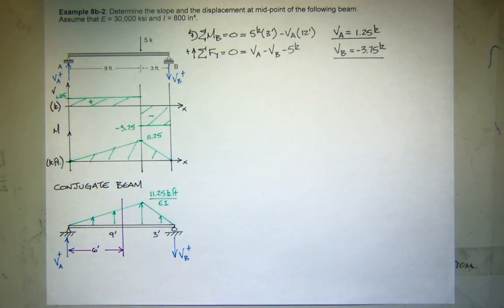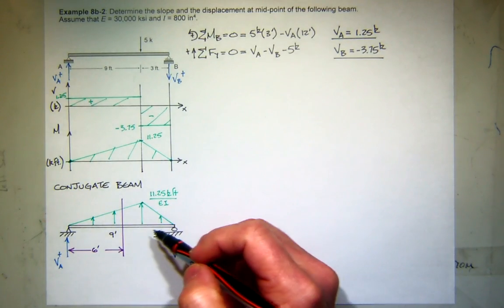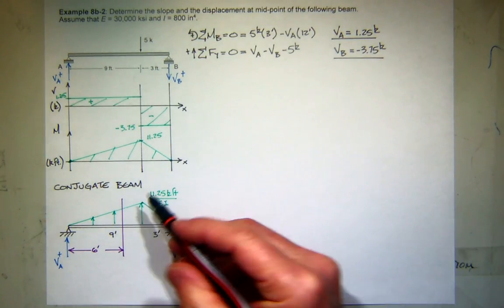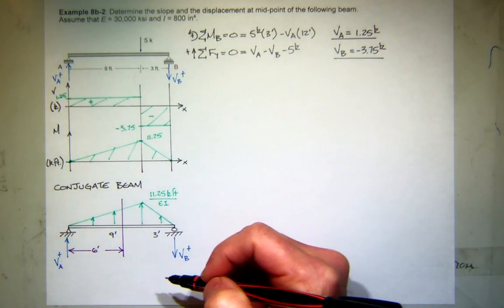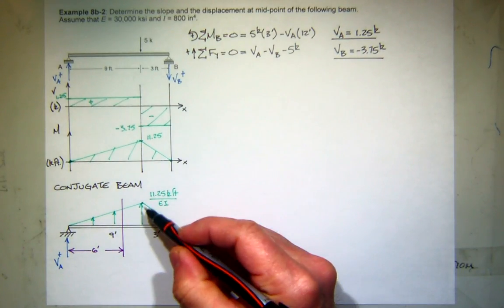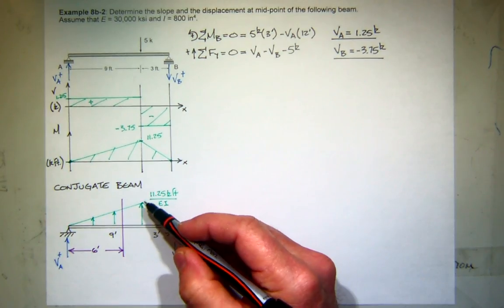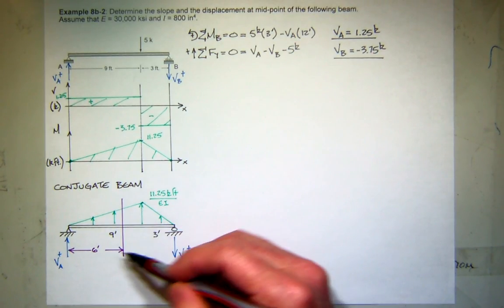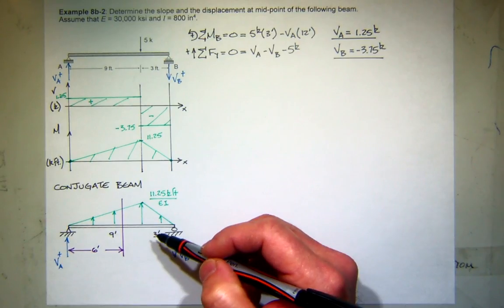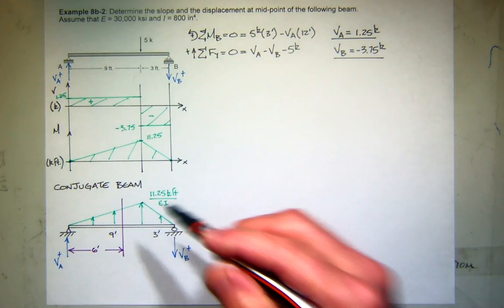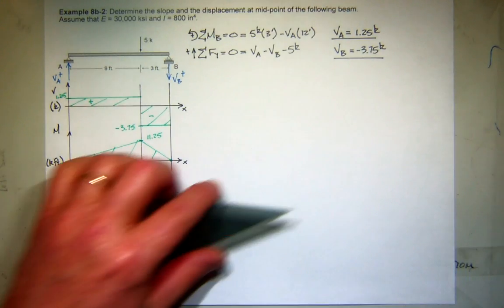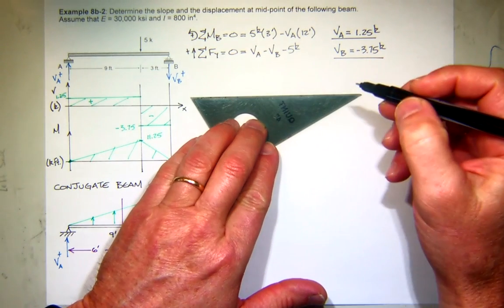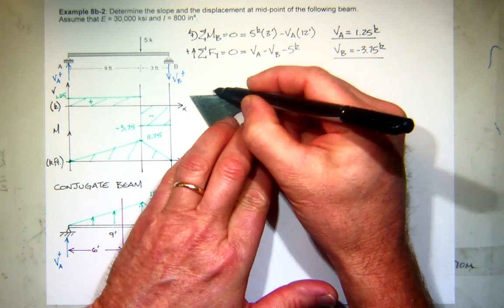And to do that, I'm going to have to do something with this triangular load. The easiest way for me to do that, I think, is to break it up into two equivalent forces. One for this triangle over 9 feet and a second one for the triangle over 3 feet. Since I already have a lot of stuff in there, I think I'm just going to redraw that to make it a little easier for you to see. So I'm going to come up here and let's see if I can do this in a nice way.